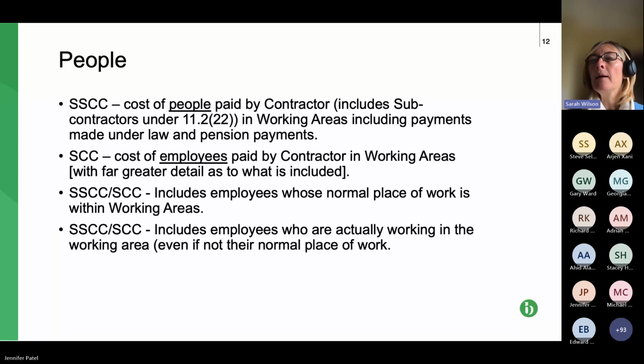So we comply with that, providing that their percentage, so I think we said 55% working on this project, does that make that project their normal place of work? I don't know. There's no case law on it.